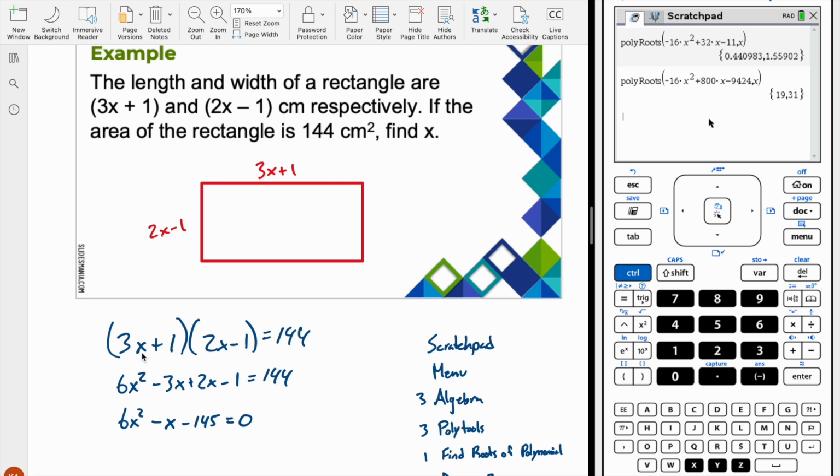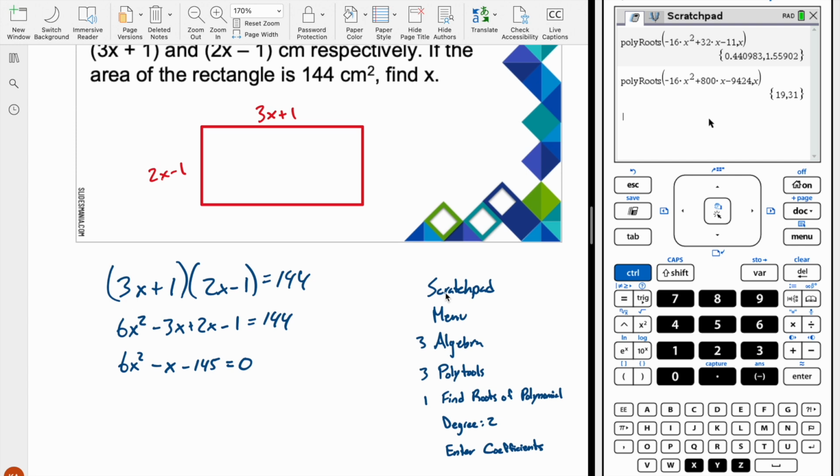We end up with 6x squared minus 3x plus 2x minus 1. We combine our like terms in the middle to give us a negative x. We're also going to bring the 144 over to the left-hand side, and the main reason for that is because, remember, we want it set equal to 0 so that we can plug it into our calculator.